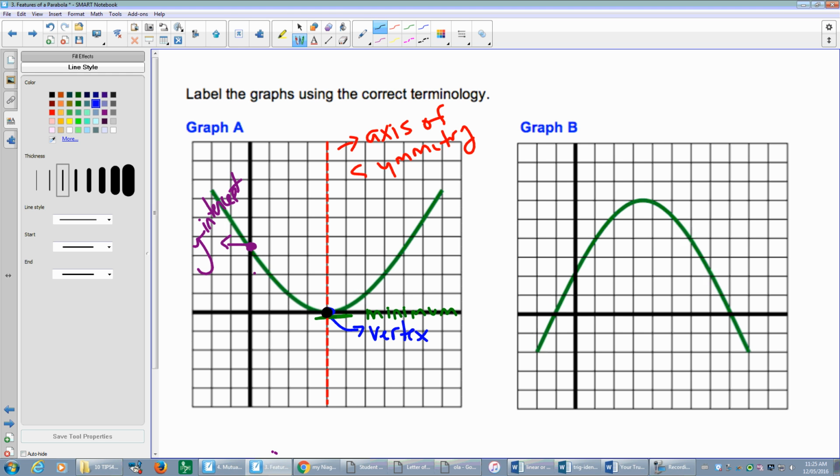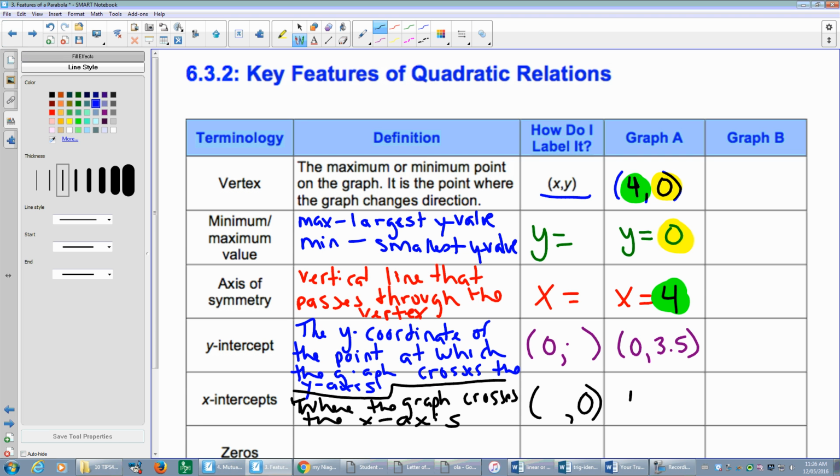So here is actually also my x-intercept. So when I write that in my chart, I'll write that as 4, 0.